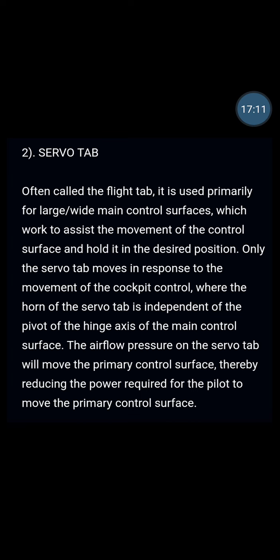Only the servo tab moves in response to the movement of the cockpit control, where the horn of the servo tab is independent of the pivot or hinge axis of the main control surface.